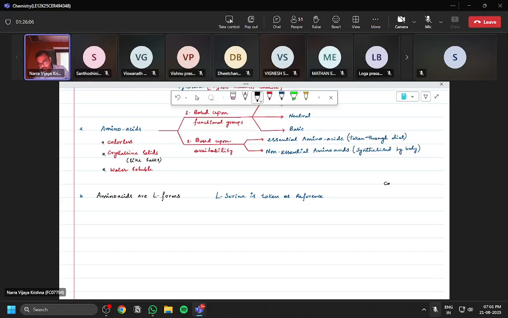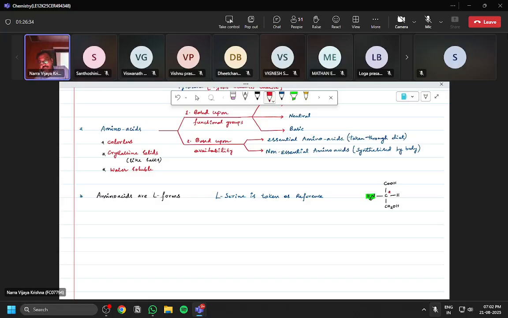So CHO I am taking, carbon, CH2OH. If I take aldehyde, CH2OH, glyceraldehyde, right? Now I am taking NH2 and H. Correct or not? If this group is towards the left side, then we call it an L form, right?